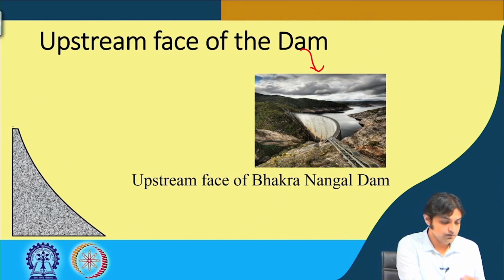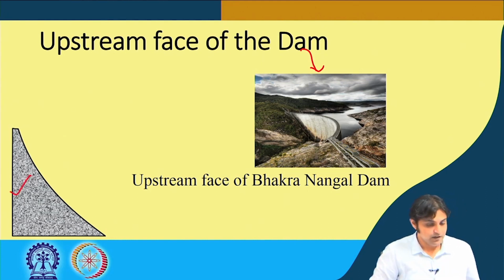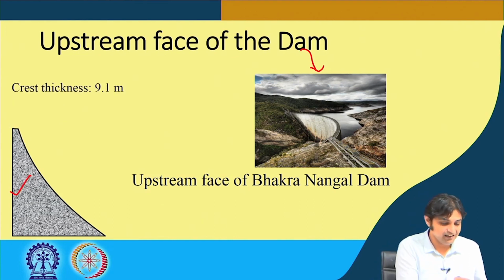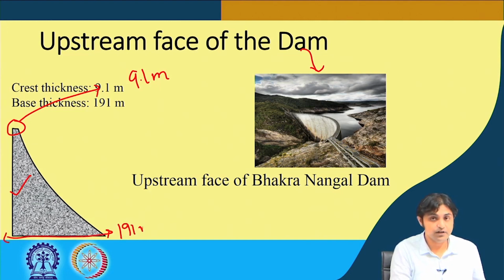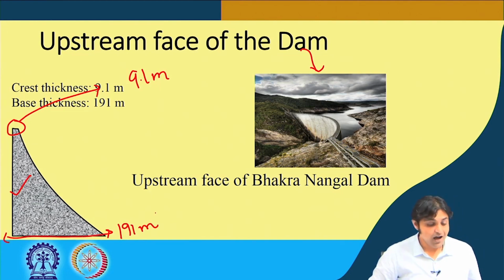Okay, so this one here, the crest thickness, this is the crest, is only 9.1 meter. However, the base thickness is 191 meter. And why does that happen?